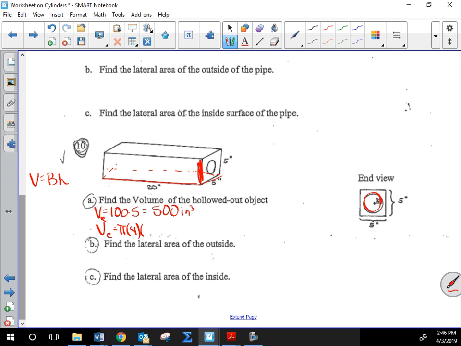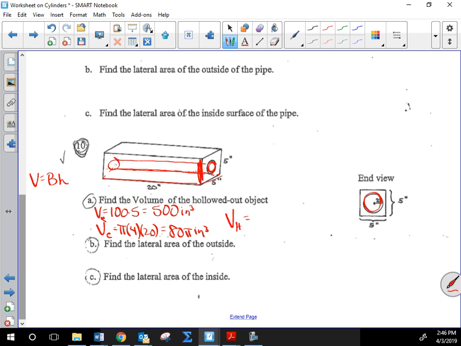Good, 20. So this is my base, and then my length of it, if you want to think of that. What was our volume of our cylinder? 80 pi inches cubed.